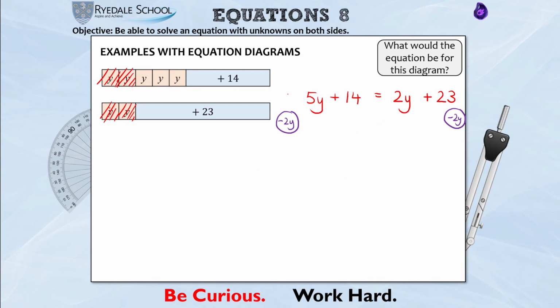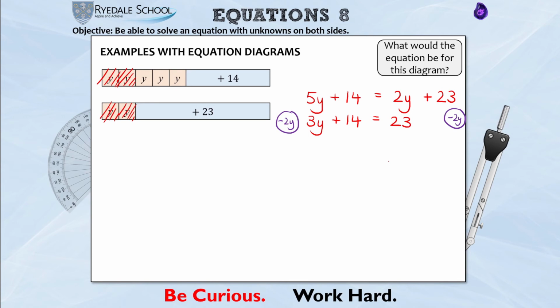So if I subtract 2 y's, I'm going to have 3 y's left and the 14 still. If I subtract the 2 y's, they're going to be gone, and I'm going to be left with the 23.